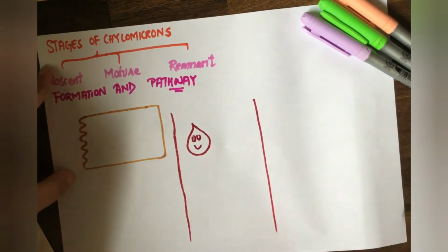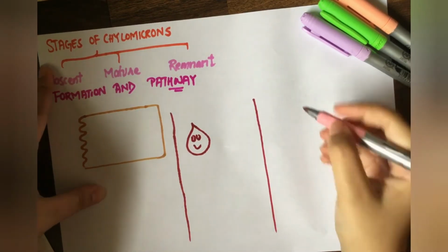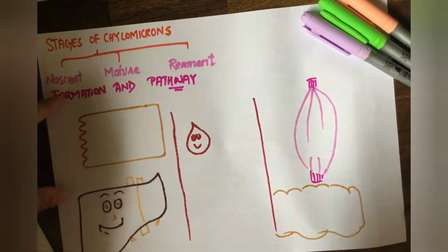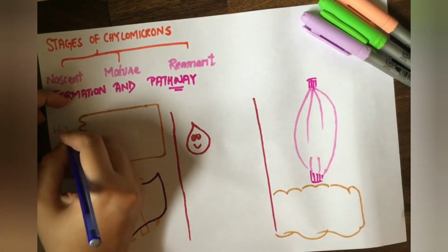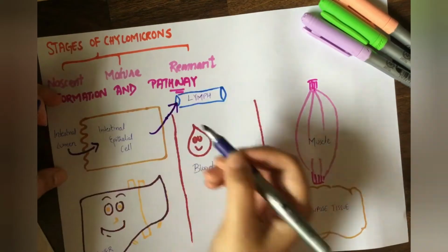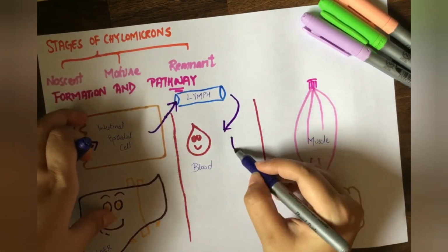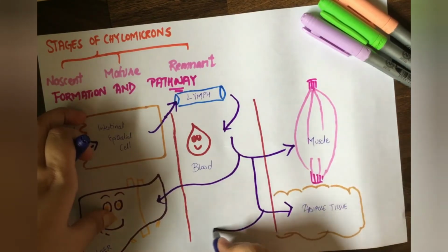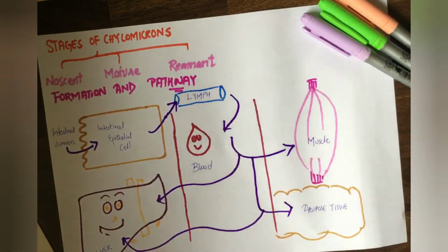The pathway begins with the intestinal lumen, from where it moves to the epithelial cell, then the lymph, from where it is dumped into the blood of the capillaries, from there to the muscle and adipose tissue, then finally the liver.